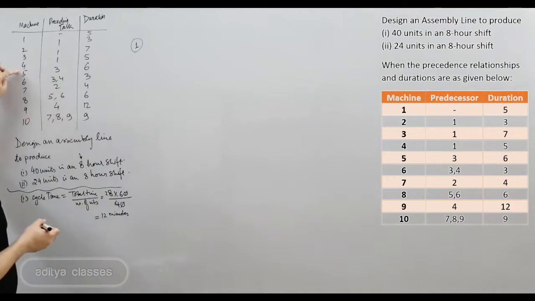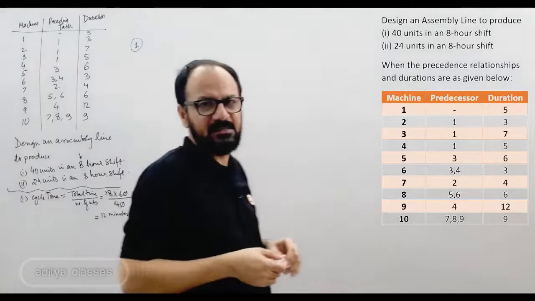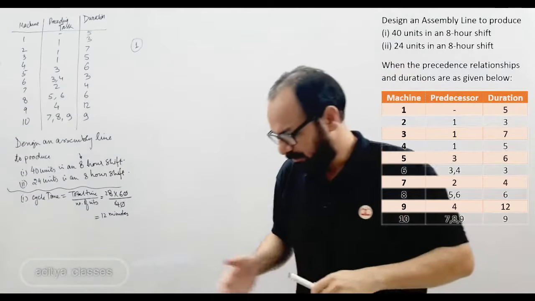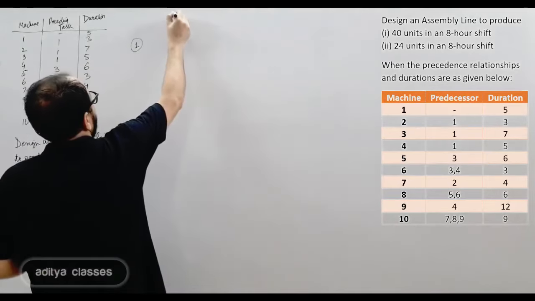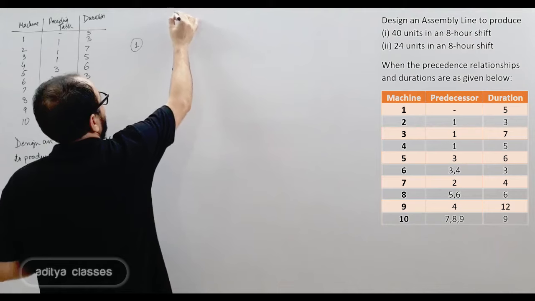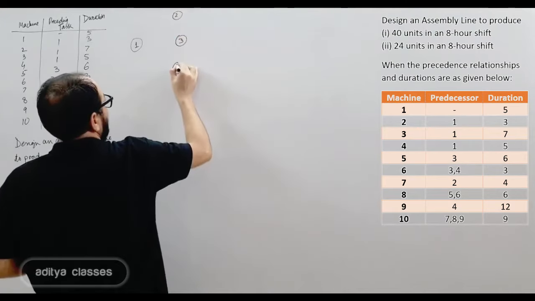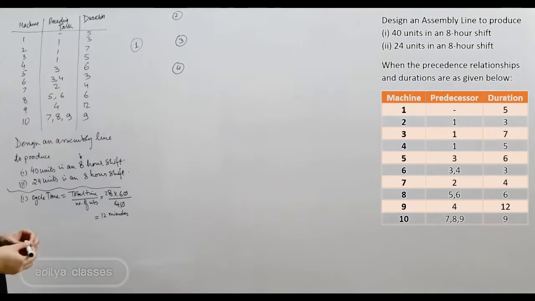Then 2, 3 and 4 are waiting for one. All these tasks, all these machines are waiting for the material to come from 1. So we will be having 2, 3, 4. So we have 2, 3 and 4 over here.